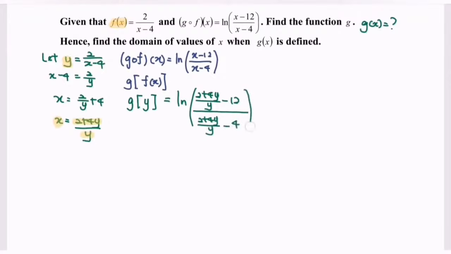So kindly focus the element in the bracket. ln bracket 2 plus 4y minus 12y over y. Then we have the divide. So if divide, kindly write the symbol divide, then equate the denominator where we have 2 plus 4y minus 4y over y.